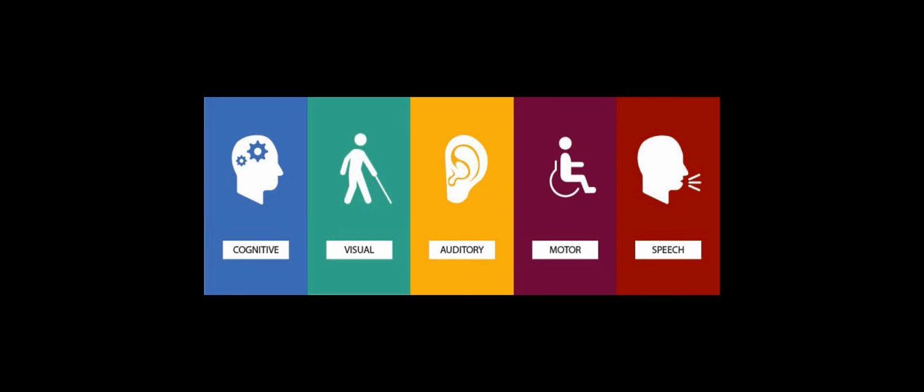Motor functions. This usually has to do with contrast and colors. Sometimes we have bad vision. And then speech, making sure that you're clear, you project, and you don't do what I just did with ums.